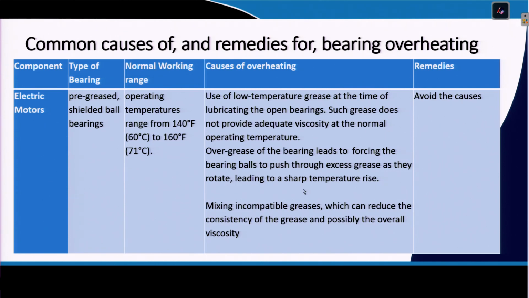For every machine they prescribe a particular type of lubricant, the grease or whatever it is. We will be discussing this in our maintenance lectures also, what type of properties of grease need to be selected.